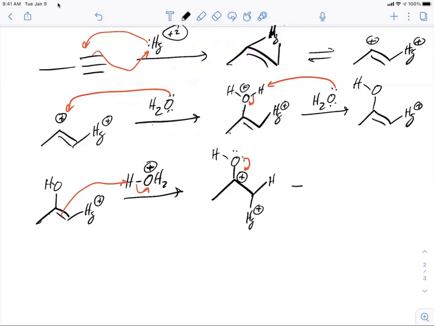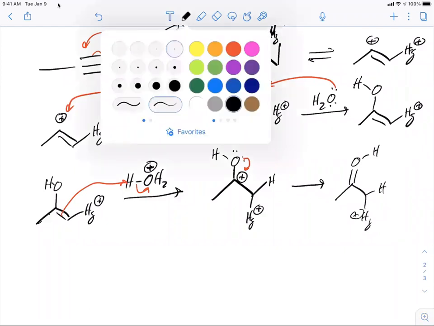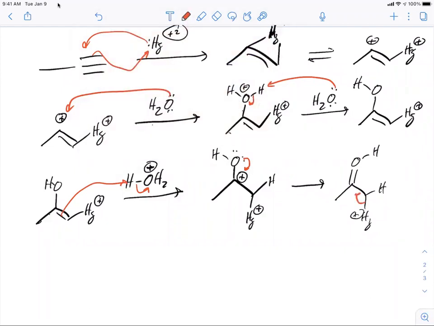I know this is a long mechanism. And then at this point, we get loss of our mercury. Okay, so we got the positive, so the mercury is then lost.